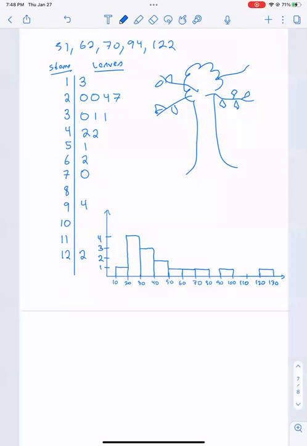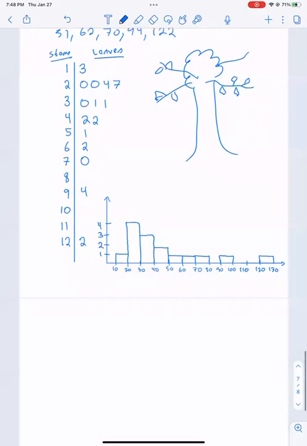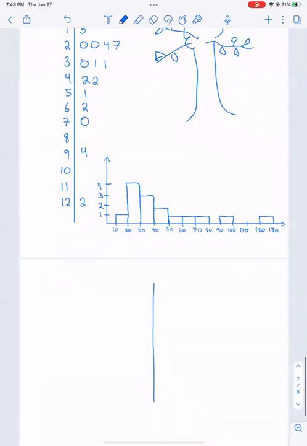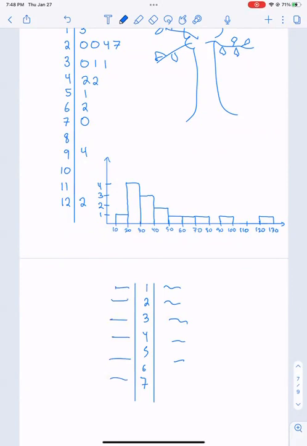Okay. And sometimes you'll have 2 histograms that you want to compare to each other. How do I compare 2 histograms? I can't overlap them, so I'll put one histogram below the other. But with stem and leaf plots, you'll have your stems and your leaves here, and I can have a second collection of leaves on this side, and look at 2 stem and leaf plots side by side.